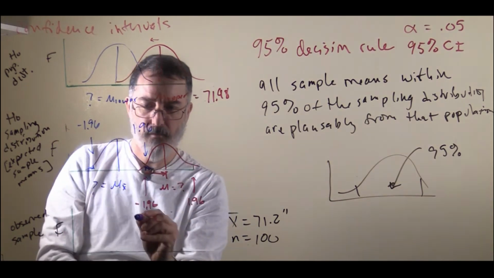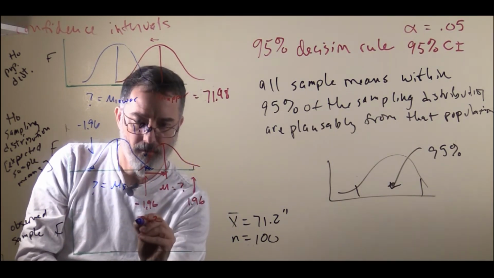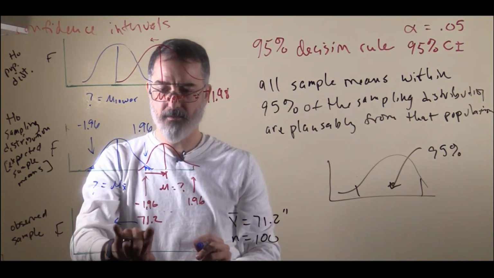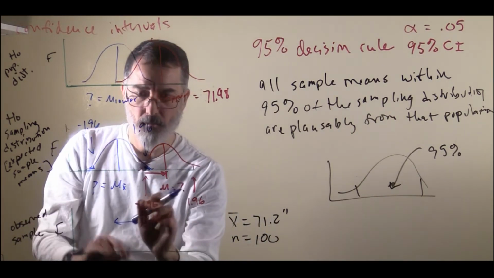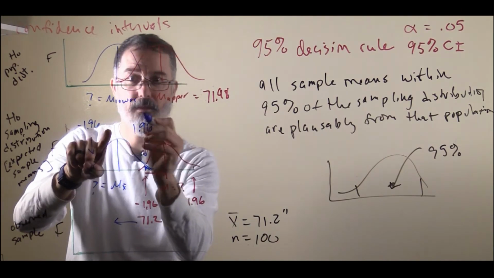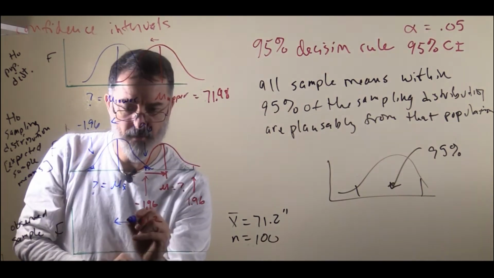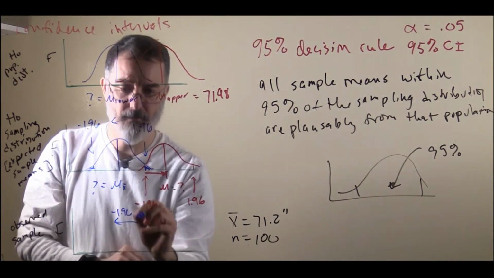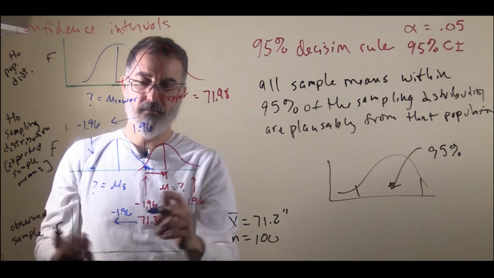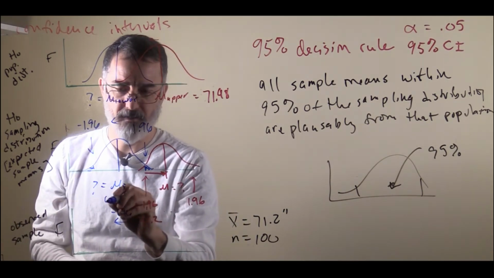We know that we need to go over from 71.2 to a smaller number. How far? Well, we had to go over 1.96 to get there, so to get back we need to go negative 1.96 standard deviations, and the standard deviation is 0.4.